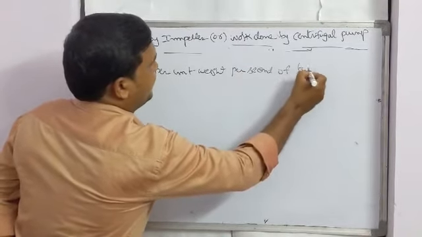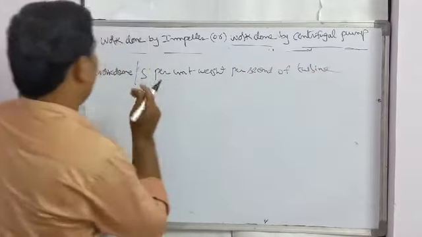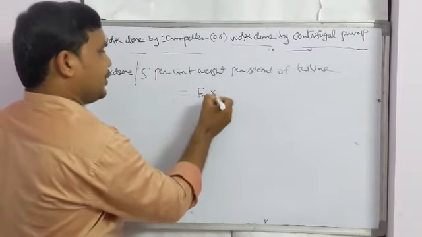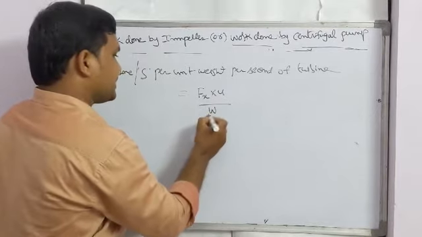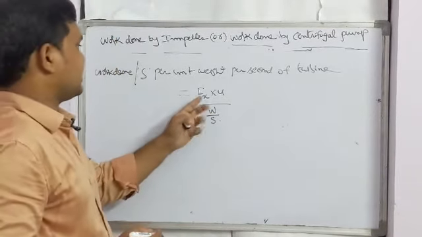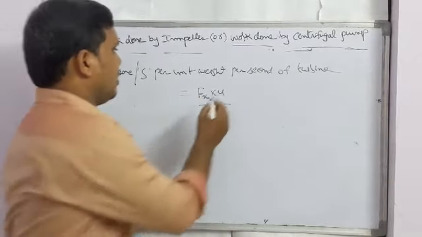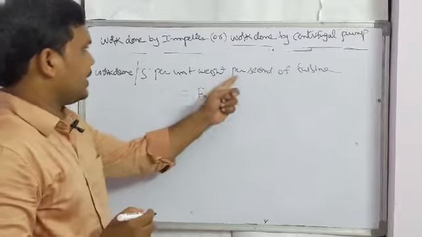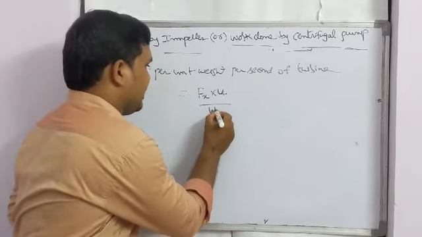We know that work done per second is nothing but Fx into U, and unit weight per second we know as W per second. So work done per second is nothing but force into the horizontal component of velocity, the blade velocity, by unit weight per second.